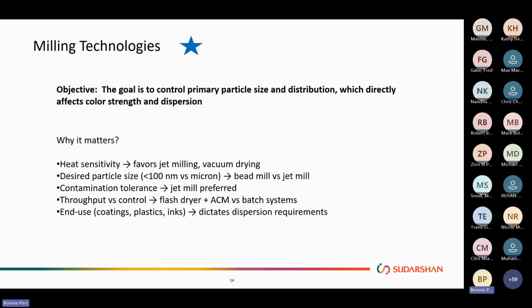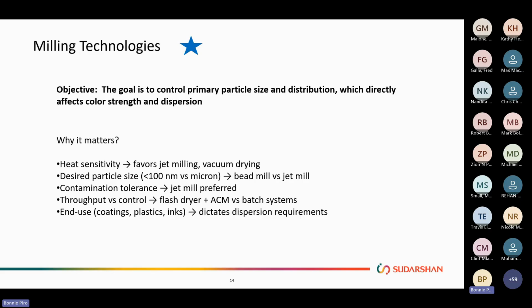As I mentioned with a previous slide, heat sensitivity is one thing to include in the selection. A good example is the classical pigments, the azo type of pigments, which have much lower heat sensitivities than the high performance pigments. So this might be a better choice of milling technology for those more sensitive to temperature.